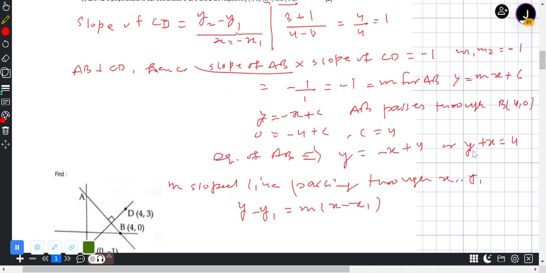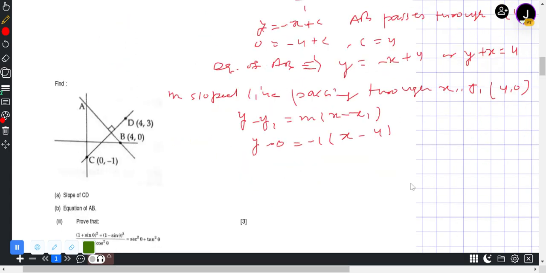So we could have put this value of B 4, 0 in this, which is y minus 0 is equal to m, which is minus 1, into x minus, what was x1? In this case, B's coordinates are 4, 0. So x1 is 4, right? x minus 4. That works out to y is equal to minus x plus 4, or y plus x is equal to 4. So we arrive at the same thing. Okay.